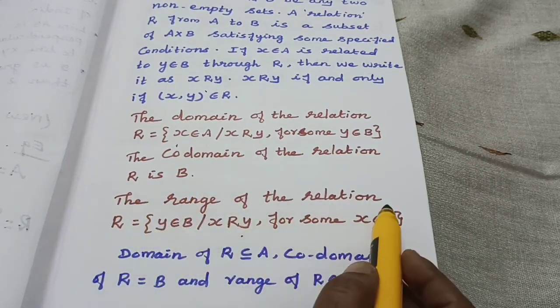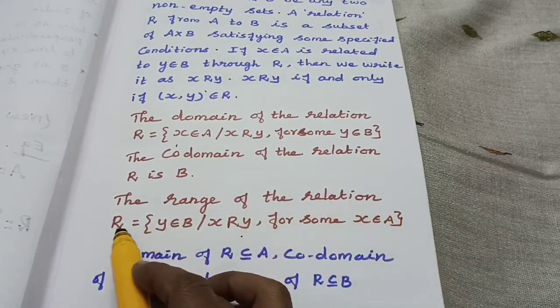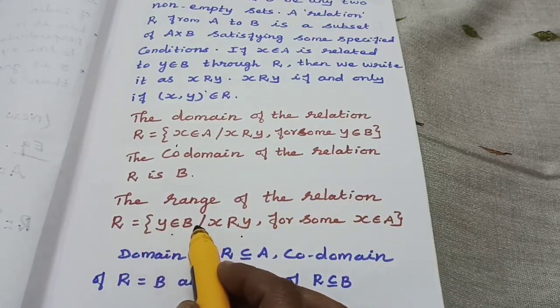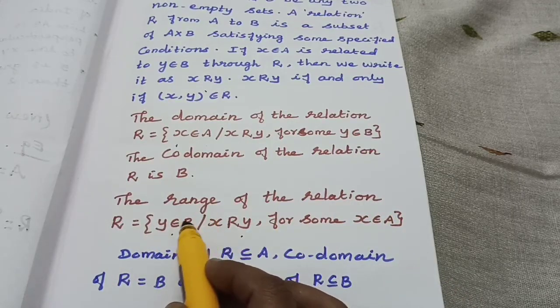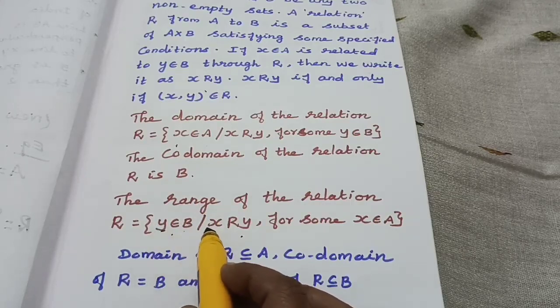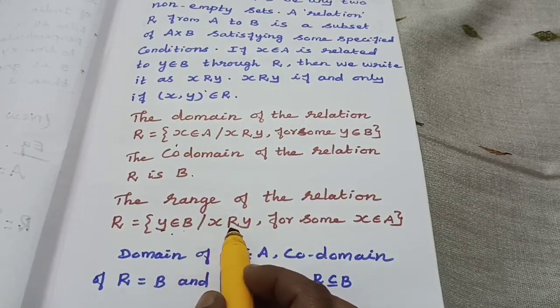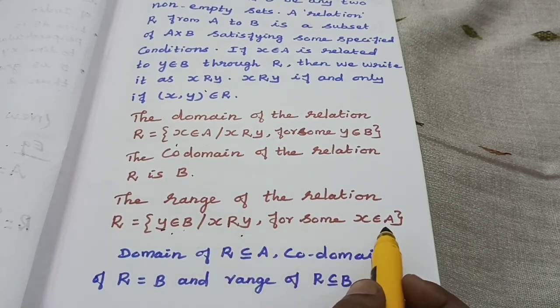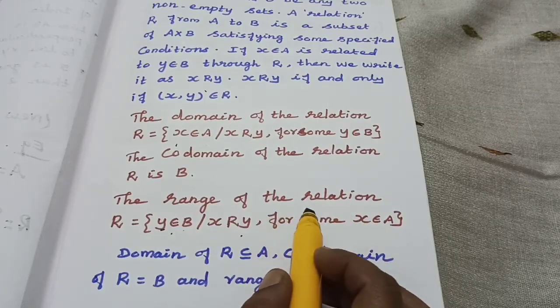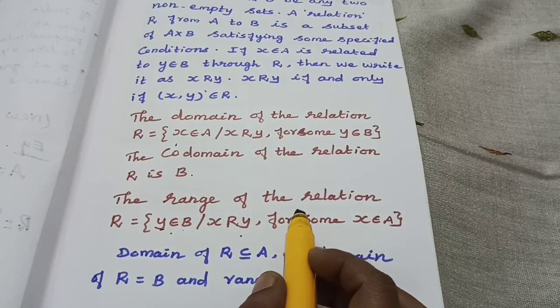Then the range of the relation R is equal to Y belongs to B such that X is related to Y for some X belongs to A. Then I will explain one example, and that time you will understand.